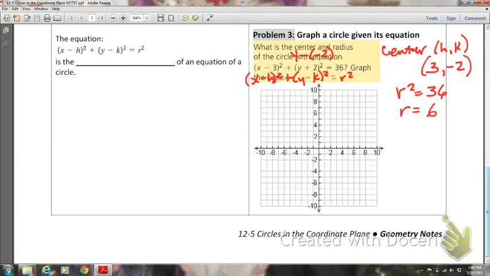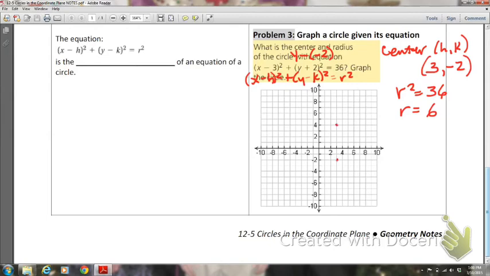Graph your center first. So go over to a positive 3 and a negative 2, and graph the center. Then use your radius length of 6 from this point. Go up 6 units, 1, 2, 3, 4, 5, 6, and make a point there. That's going to be a point on your circle.